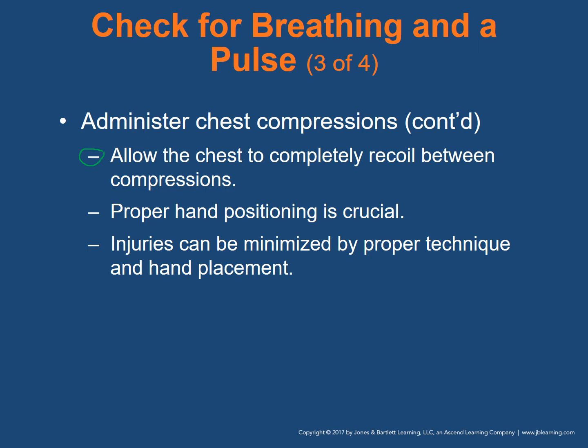If we're compressing over that xiphoid process, we can actually break it off, and during compressions it can do a lot of damage to tissue and vasculature, which can be extremely detrimental to the patient. So we want to make sure that our hands are on the lower half of the sternum. Injuries can be minimized by proper technique and hand placement.